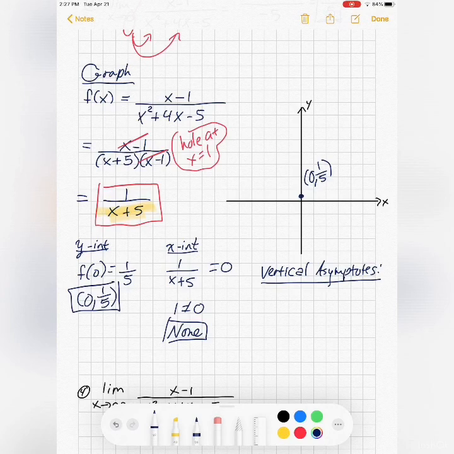I say, what numbers would make the denominator 0? x is -5. Okay, there's my vertical asymptote.